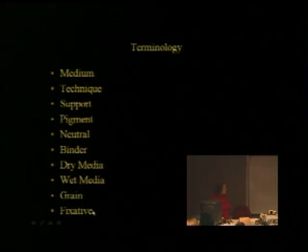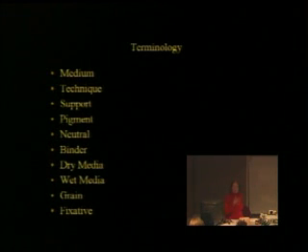Now, in drawing, there are also a couple of other terms I need to define. The texture of the paper, or the surface, the support that's used in drawing, is very important. And we refer to that texture as the grain of the paper. And that can vary.